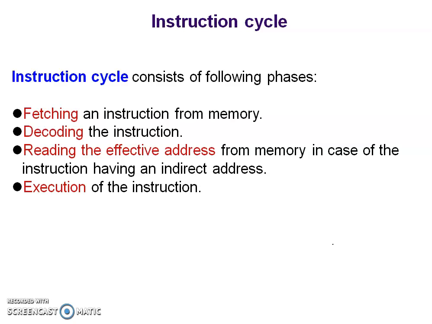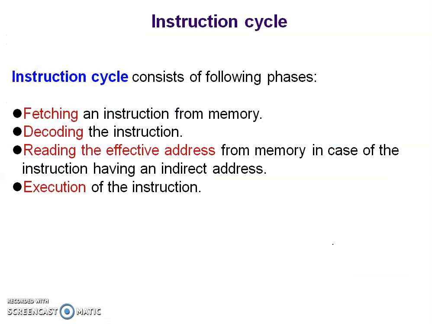If normal addressing is used, the target address will be the address given in the operand field. But indirect addressing means extra computation is required to get the effective address or the target address. Execution of the instruction is to identify the operands and then perform the required operation, either by the ALU or the load and store operations.